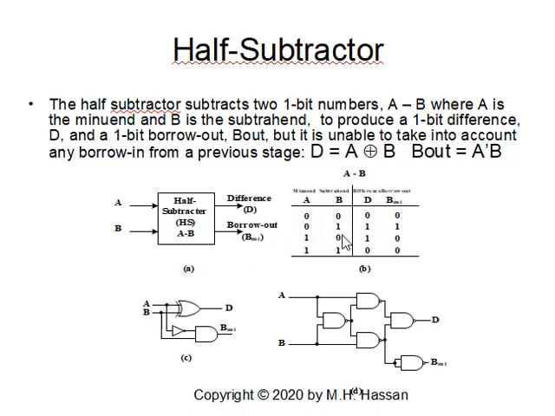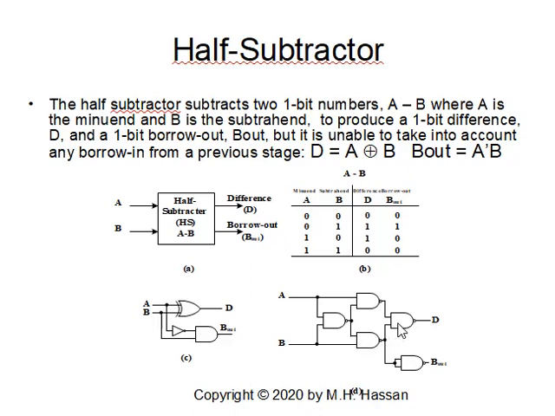So clearly, we can implement this with 3 gates. We need a 2-input exclusive OR to get d, and an inverter to invert a so we get a prime, and an AND gate to AND a prime with b, so this will be b out.